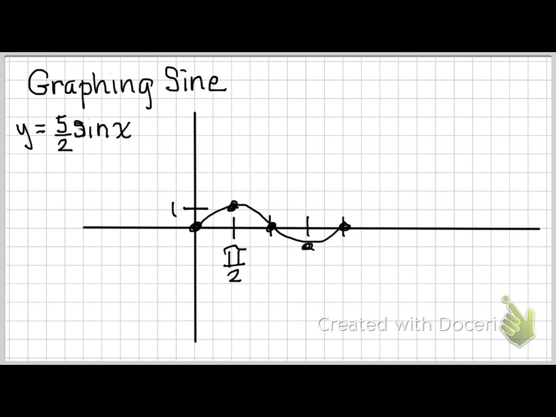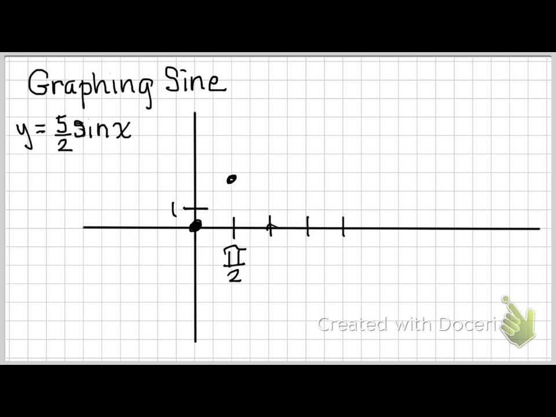So all that's happening here is that I'm getting stretched up to 5/2 or 2.5. So I'm just going to take these points here and stretch them out at the maximum. So I'm still going to have 0, 0, but at pi over 2, instead of 1, I'm going to go up to 2.5.